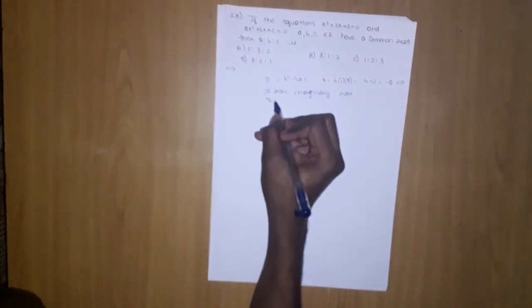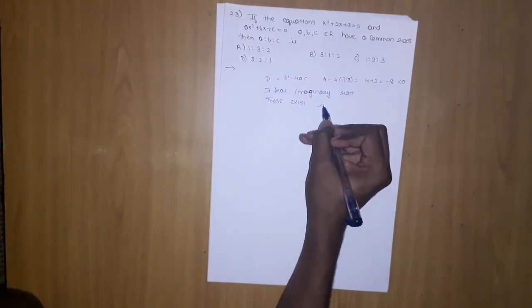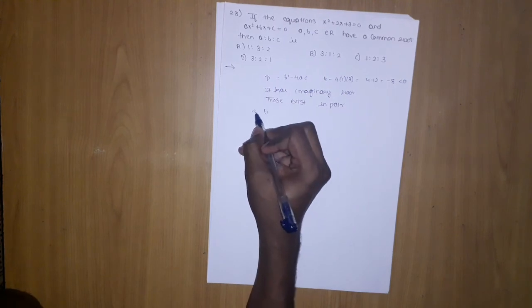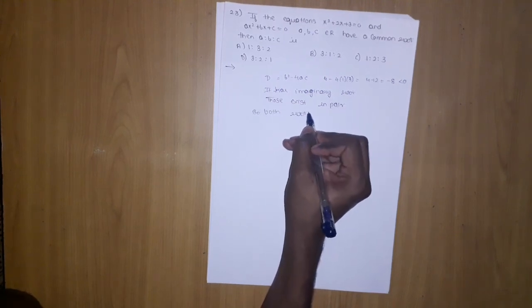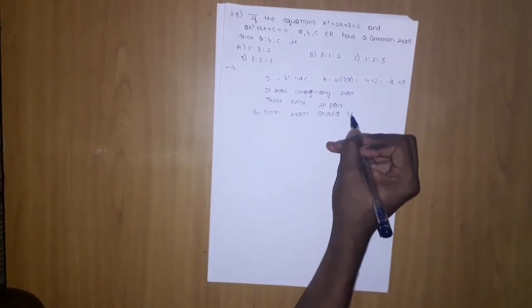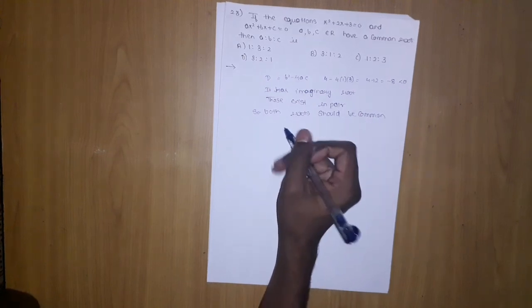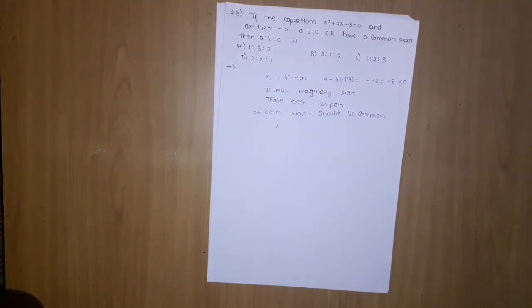Those exist in pairs, so both roots should be common. On the basis of that, we can conclude that both roots are common because they are complex roots.